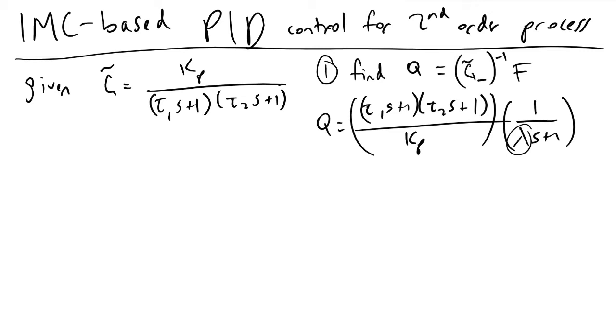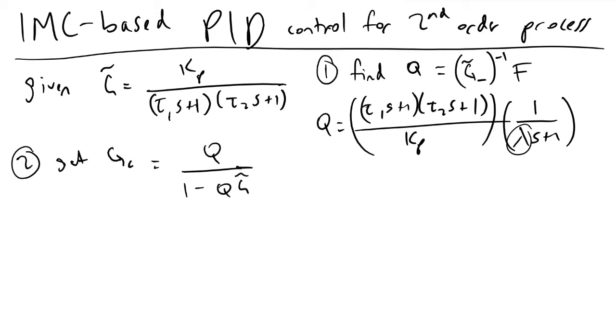Now that we've defined our IMC controller, we need to find our standard controller, GC. GC is equivalent to Q divided by 1 minus Q times G tilde.